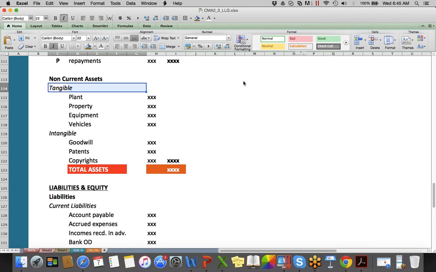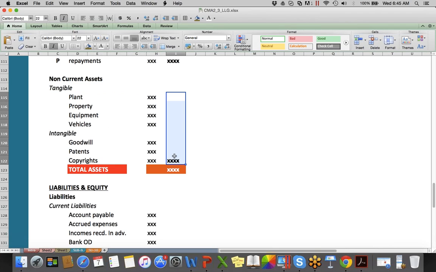But the word depreciation is to be used only for tangible assets. In the case of intangible assets, the same depreciation is called amortization. So in the balance sheet, you always need to have the carrying values. Carrying values are the values from the original value, when depreciation is deducted, we call it carrying value.